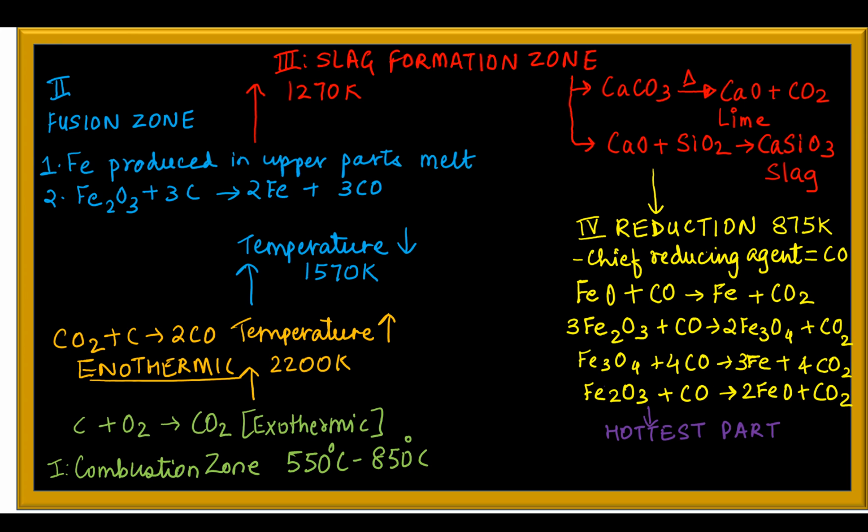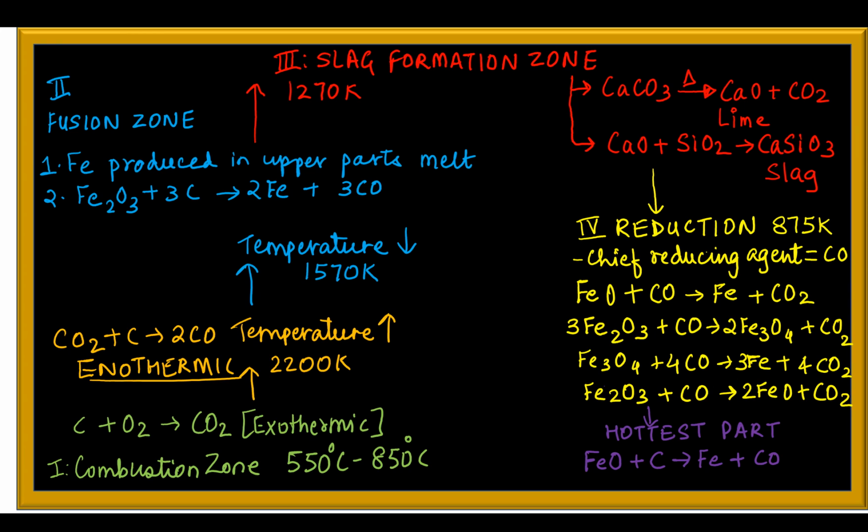So in this part, any iron oxide that is remaining is going to be reduced by carbon into iron and carbon monoxide. I'm sorry, I'm going slow because there's a glitch on my system. Okay, so this is what is happening in the lowest part of the blast furnace, which is the hottest part, obviously.